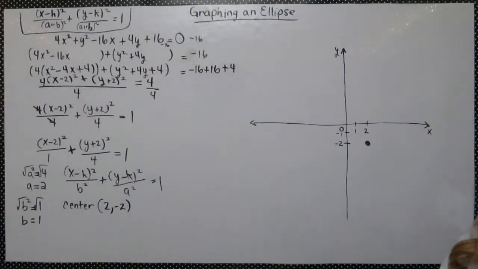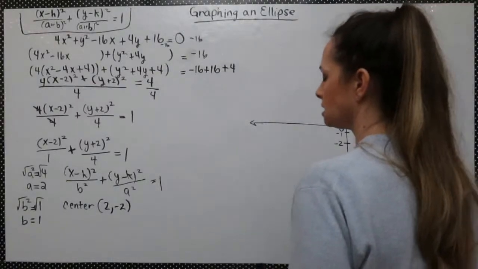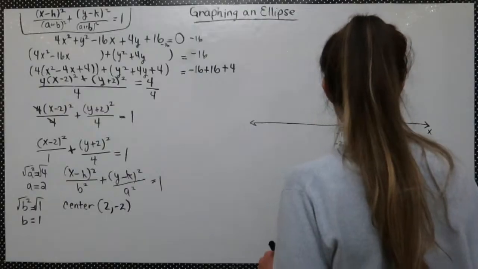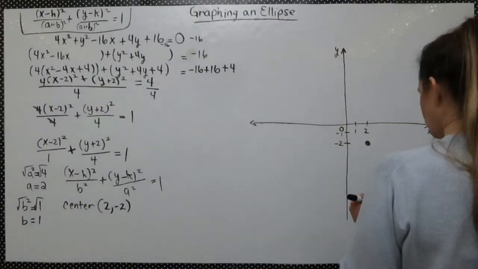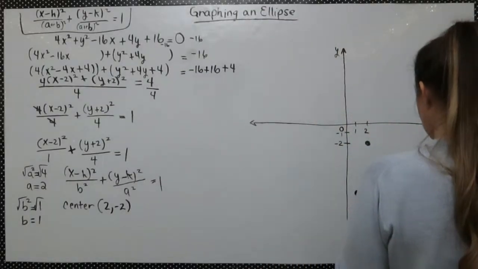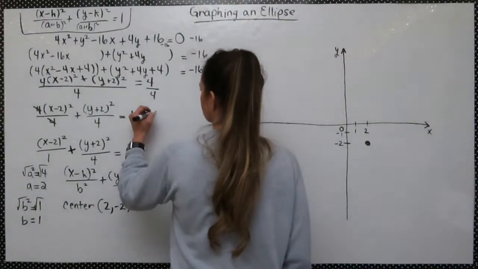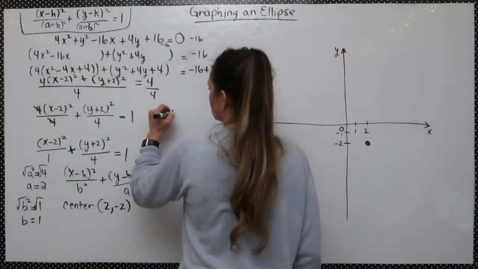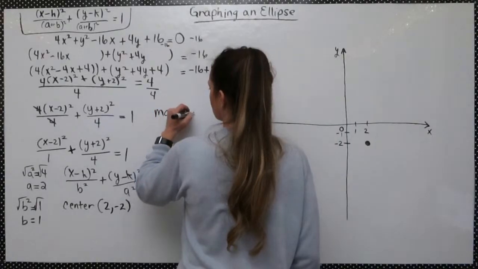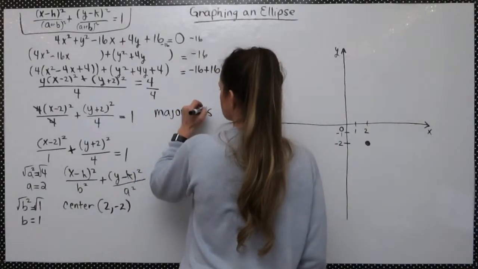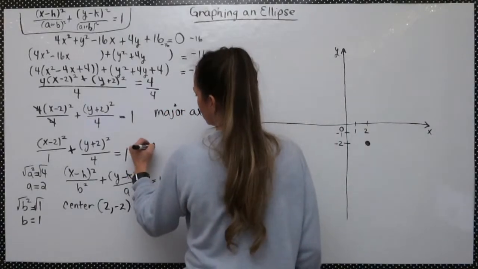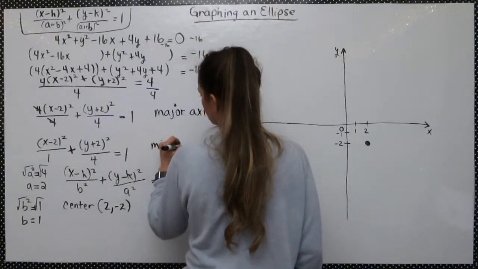So A is the major axis. Okay, so you find the length of the chord. So you have this thing, the major axis and minor axis.